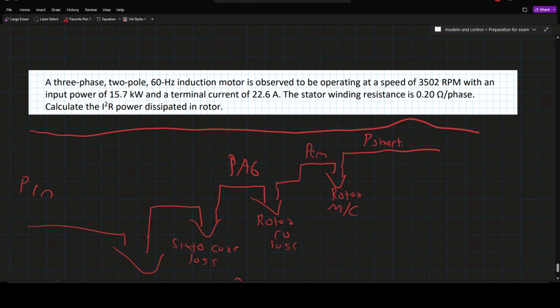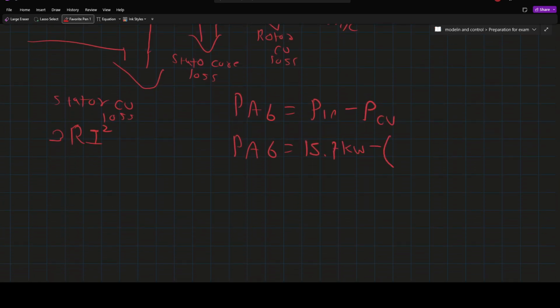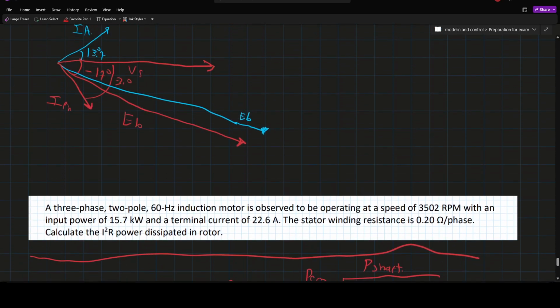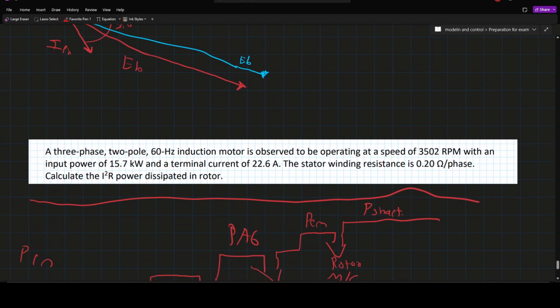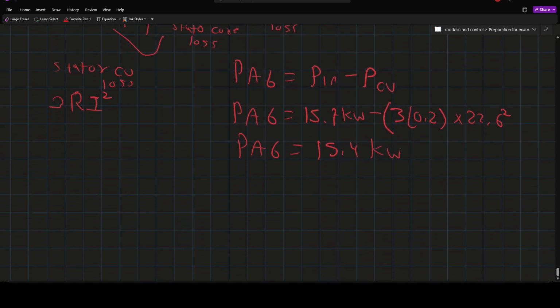And we have a copper loss of 3 times R, which is given as 0.2 ohms, times I, which is also given, 22.6 squared. So we can say that our power in the air gap is going to be 15.4 kilowatts.